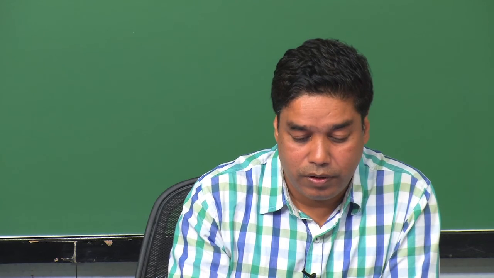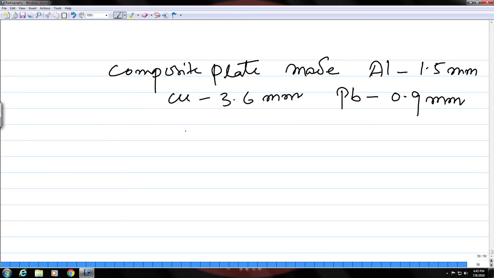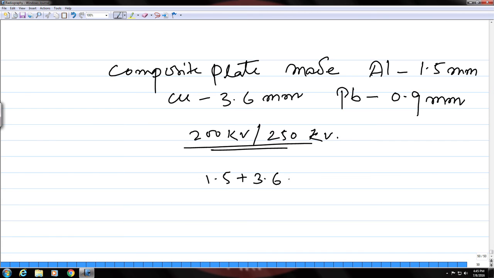Okay. So, for a tube voltage, let us say 200 kilovolt or 250 kilovolt, if you want to decide the exposure time for a given tube current, then you first have to convert the thickness of this particular plate into a steel thickness. So, the thickness of this plate is 1.5 plus 3.6 plus 0.9, which is 6 mm.